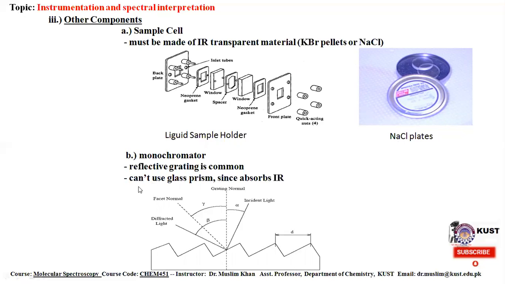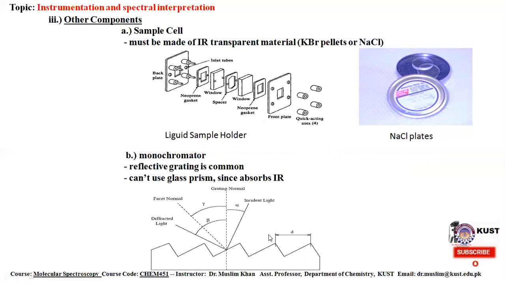The other component is the monochromator. So usually a reflective grating is common. Can't use a glass prism, since glass absorbs IR radiation. The principle of the monochromator, as we discussed in UV visible spectroscopy, is similar.